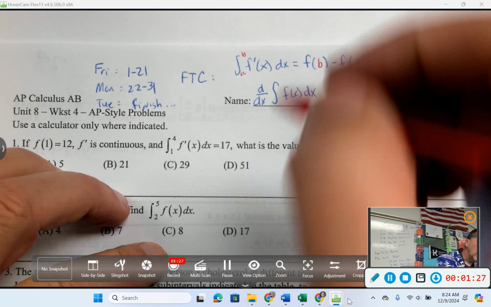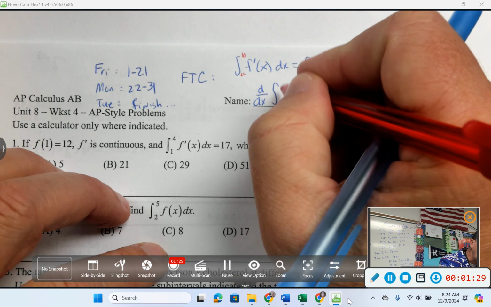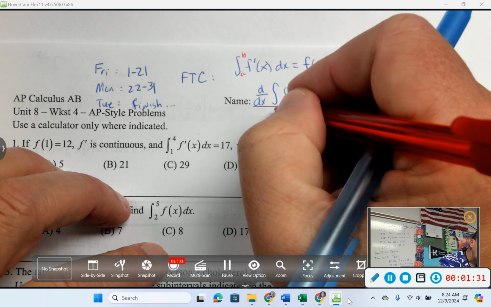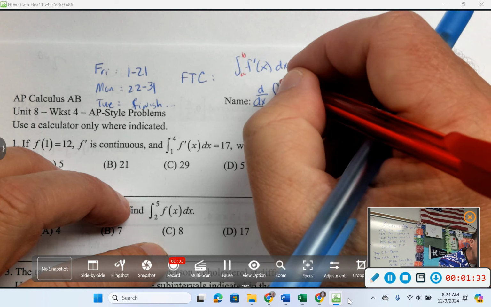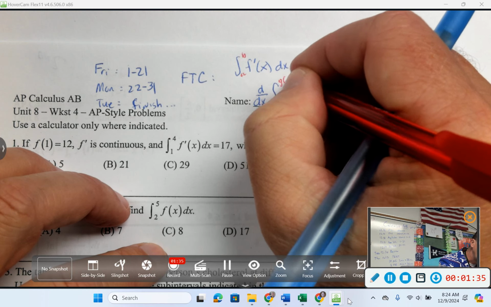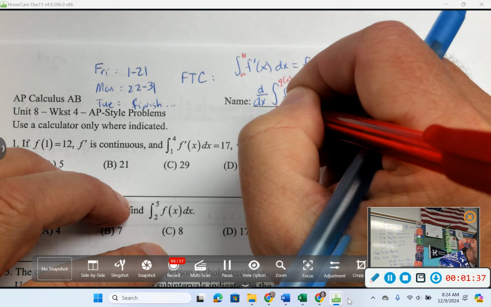So usually we put g and h up there. I don't know that it matters which one goes where. g of x, h of x.